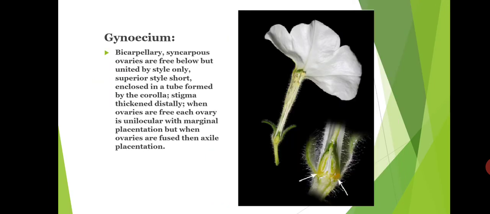And next we will study about the gynoecium. Gynoecium, it is bicarpellary. Superior ovaries are free below, but united by a style only, superior, style short, then enclosed in a tube formed by the corolla, that is, it is well organized inside the corolla tube.